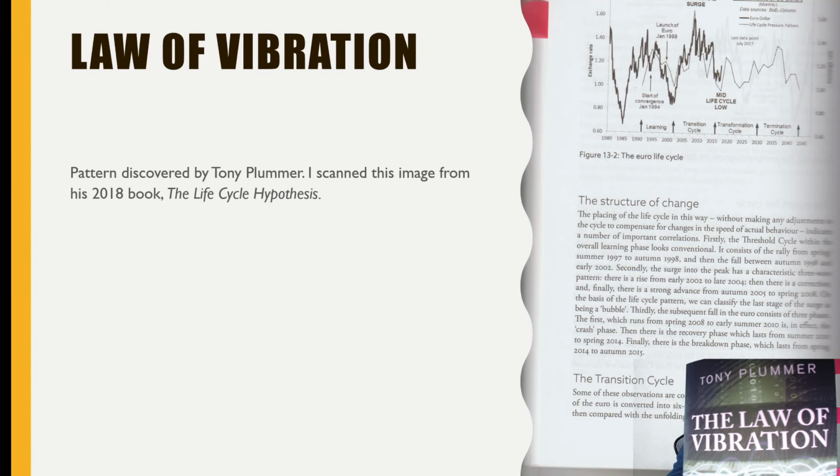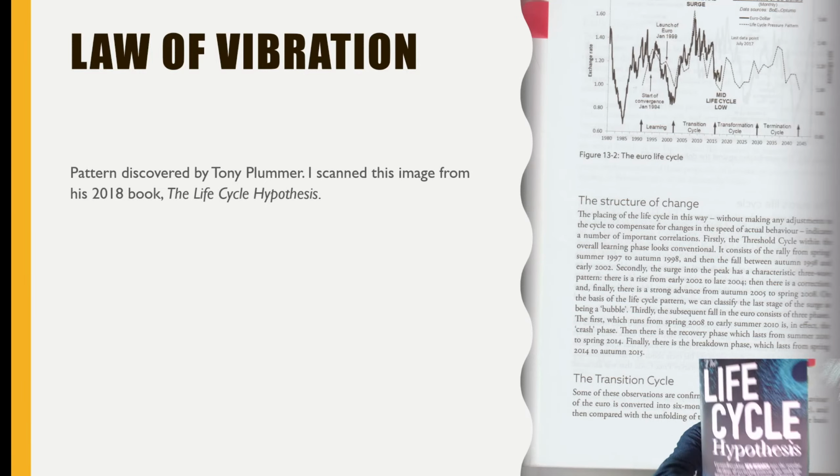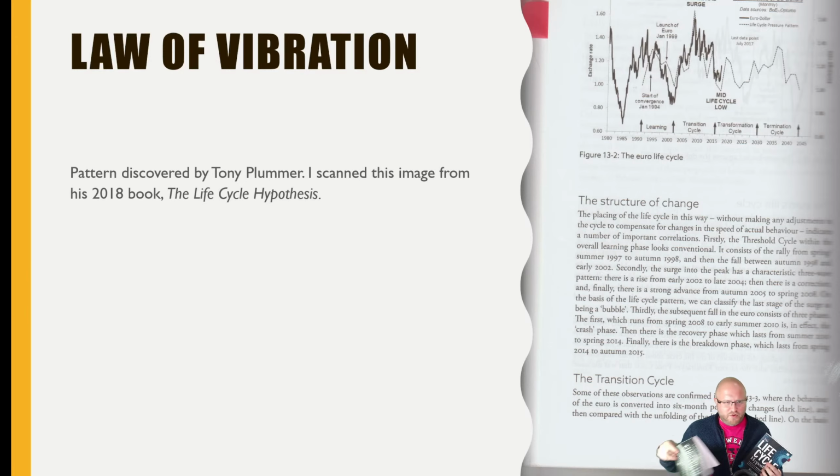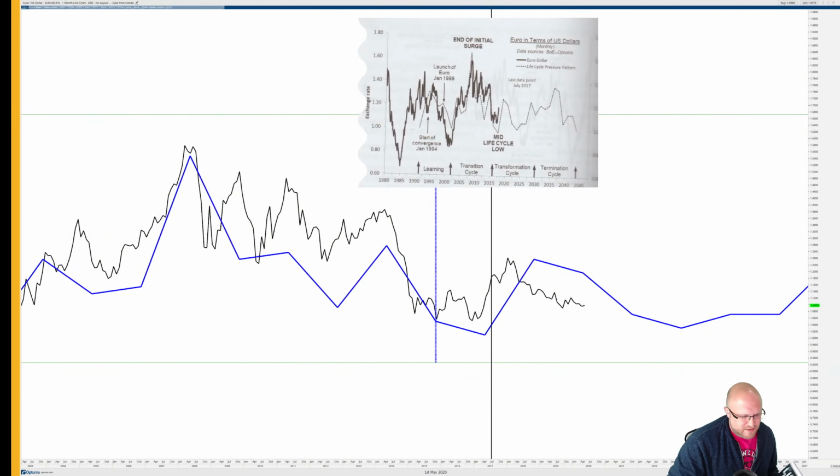I don't know if you can see that or not. And then the life cycle hypothesis came out in 2018, and this was his picture of the euro dollar, and the last point that he wrote in the book, scanned it, was July of 2017.